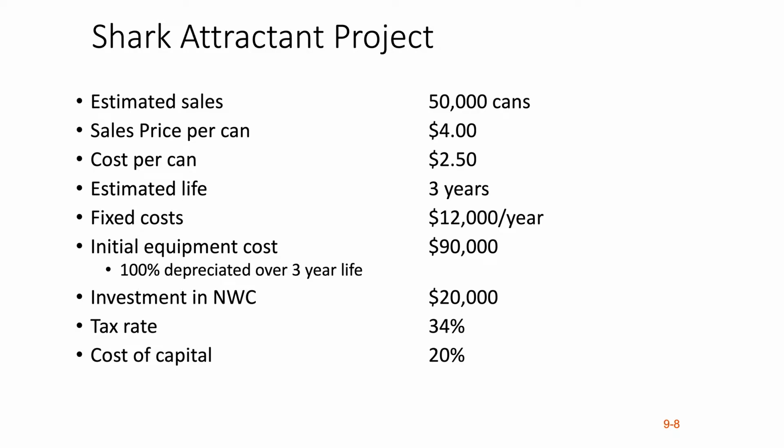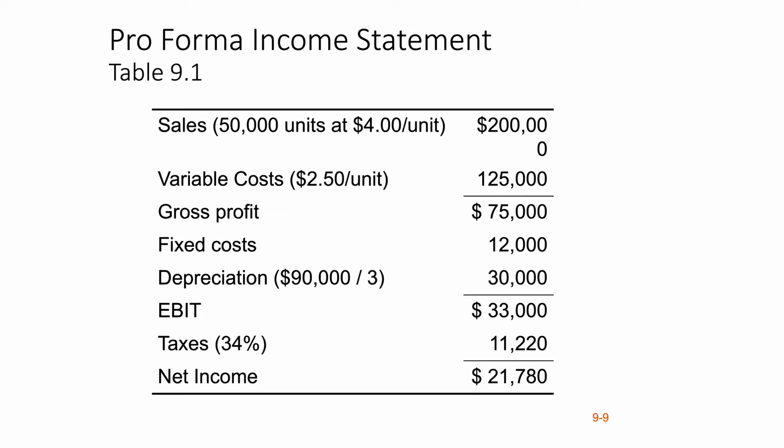So given those inputs, now let's prepare a pro forma income statement. First of all, we look at the sales number. That is 50,000 units times $4. You get $200,000.